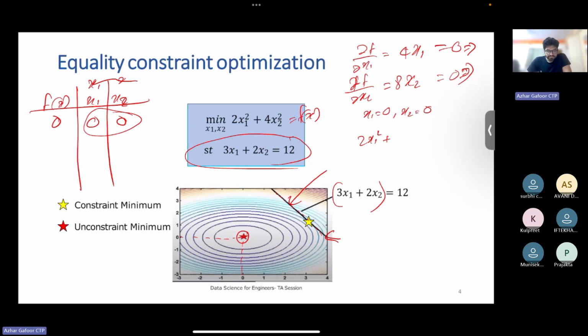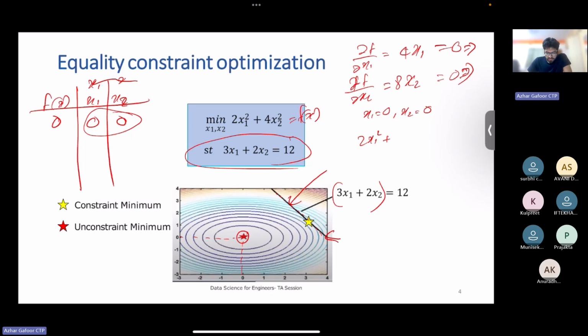One method is to solve these problems graphically, but it's also difficult, because our function is a higher order function and our constraint is a linear constraint. How we can solve such problems, we will see today.